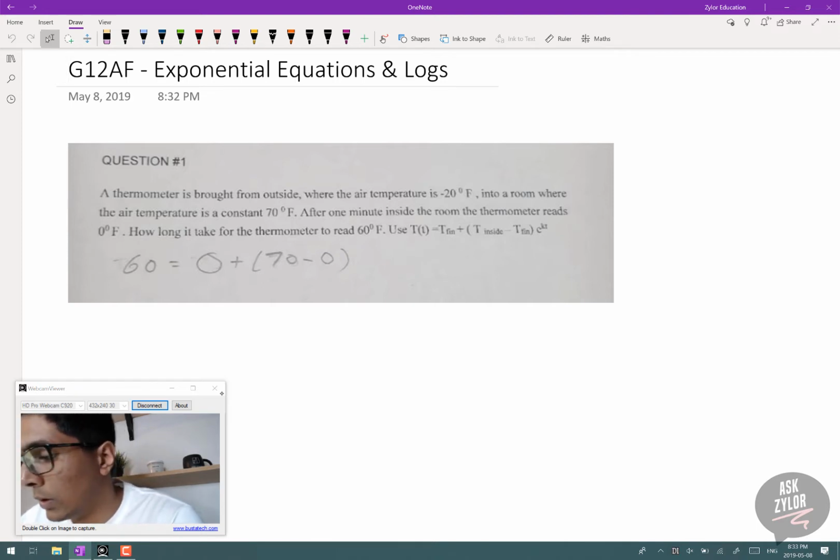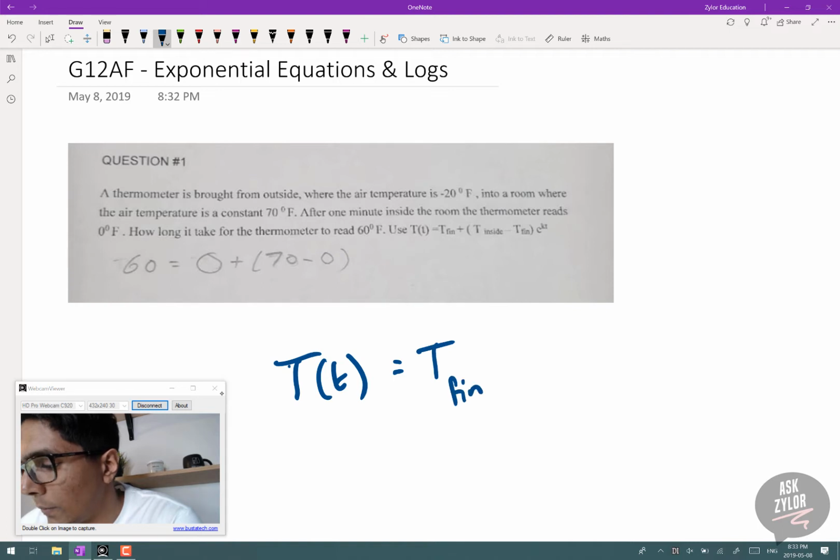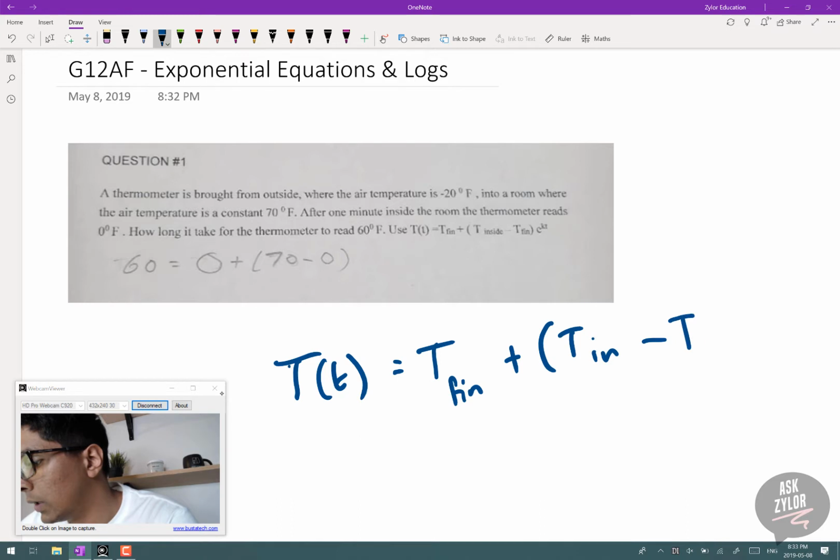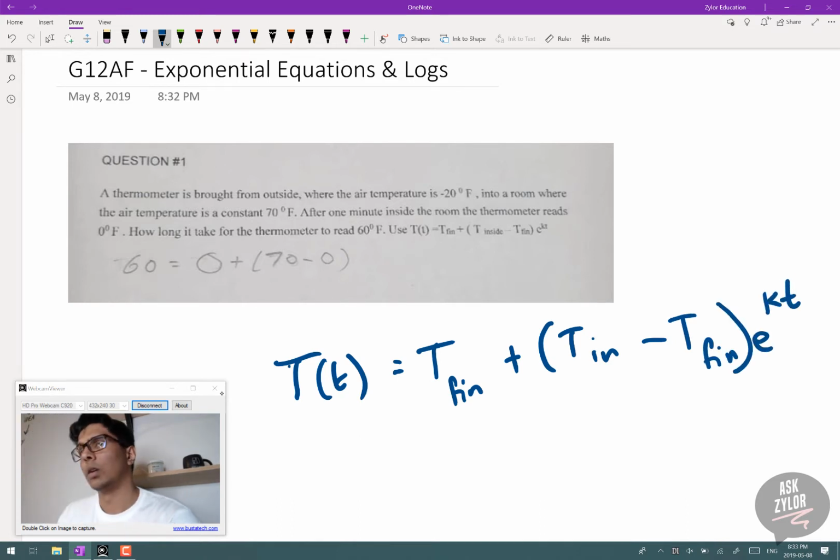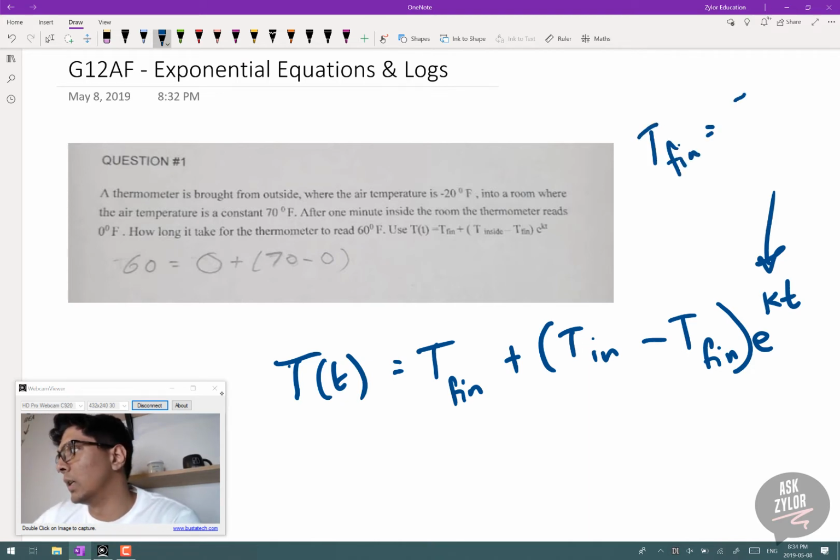So we have to use T of t is equal to T fin plus T inside minus T fin, e to the kt. So the first goal should be to find out what this k variable is. Okay, so we're told that the T final or T fin is 70, the T outside is negative 20.